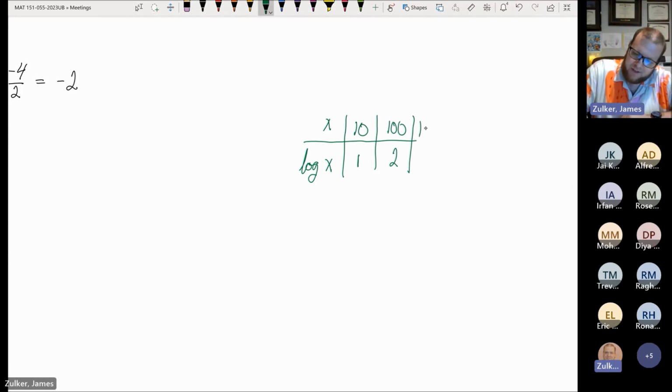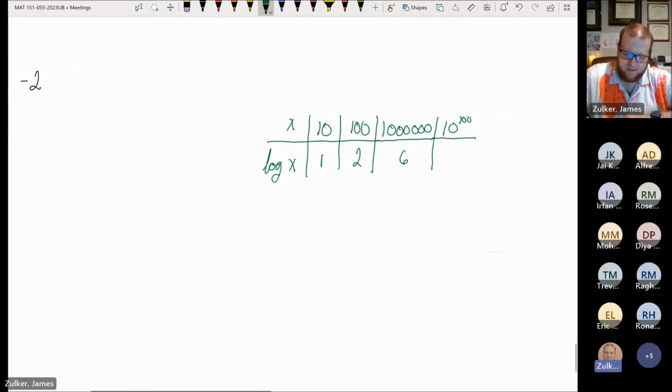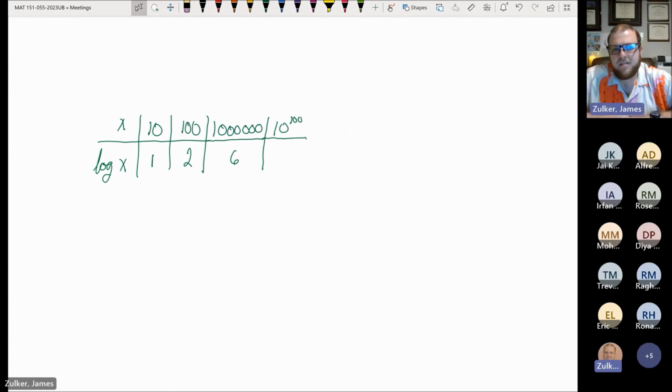Let's skip a few. What about 1 million? Six. Let's skip a few more. What about a googol, which is 10 to the 100th? That'd be 100. Starting to see the pattern?